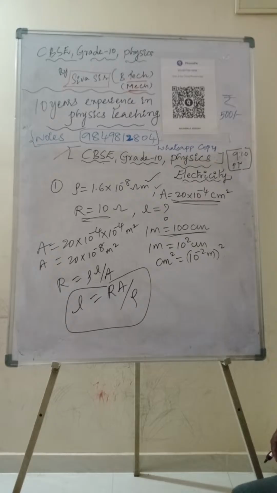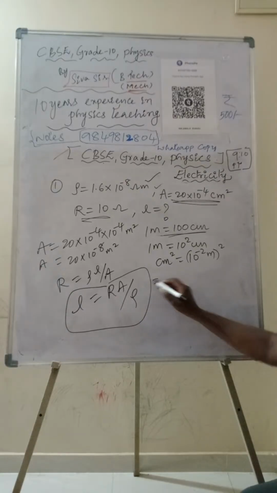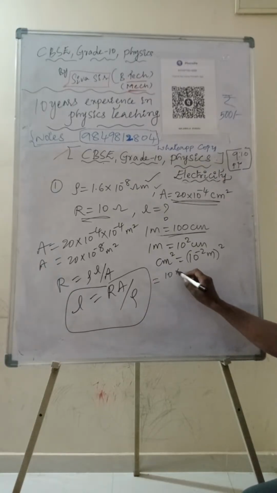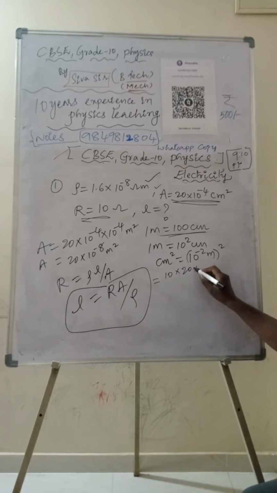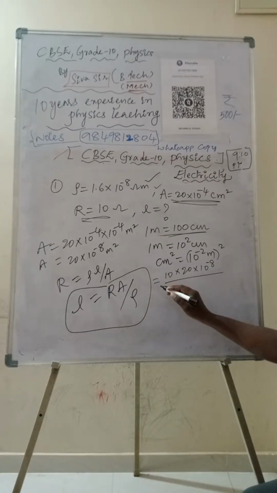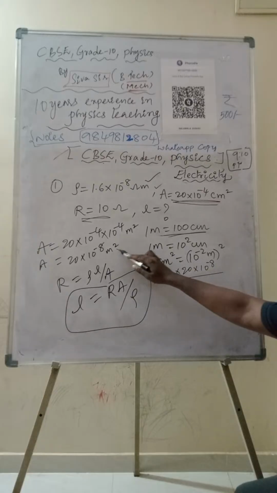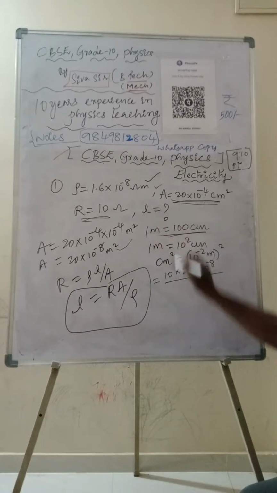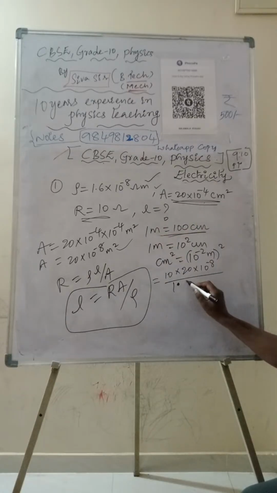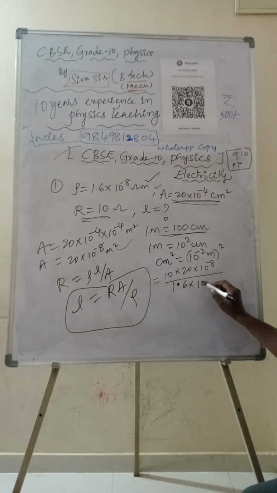So how much will you get as the answer? Try to solve it. Here I am taking R equal to 10, and the area of the cross section A is 20 into 10 power minus 8, and the rho value is 1.6 into 10 power minus 8.